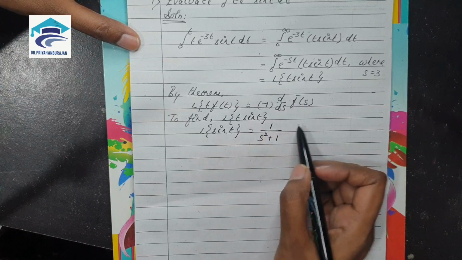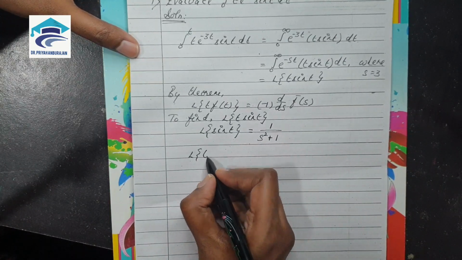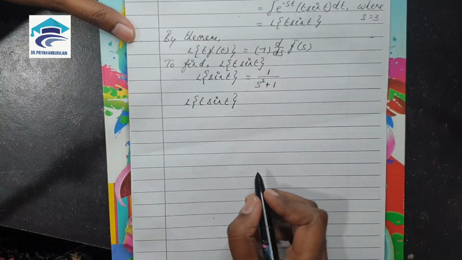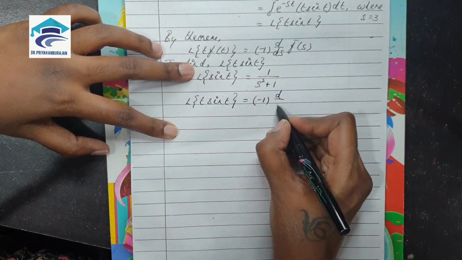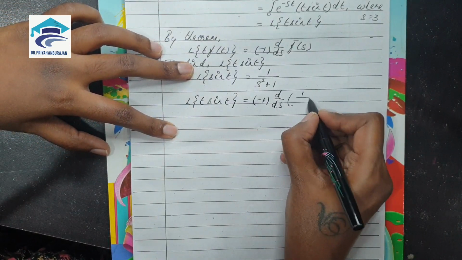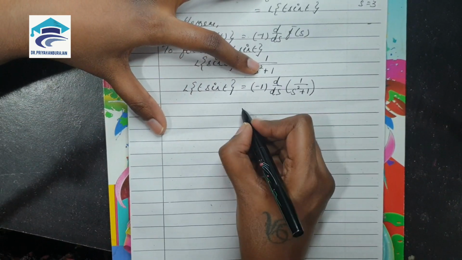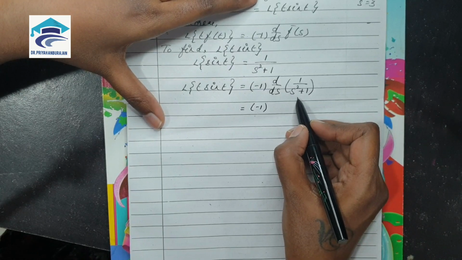Now, coming back to this theorem, we will use this theorem to find L of t into sin t. So, which is equal to minus 1 d by ds of 1 by s squared plus 1. So, we have to differentiate this. So, this is equal to minus 1. So, what is the differentiation of this?